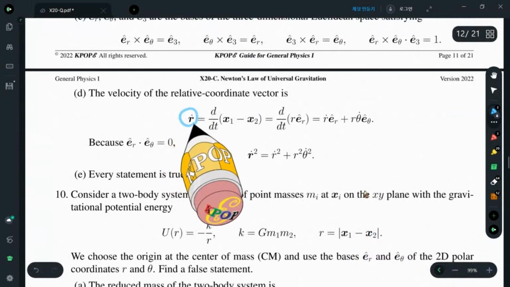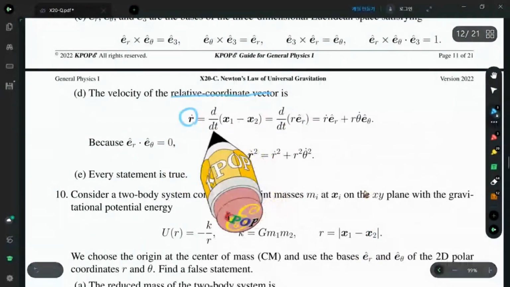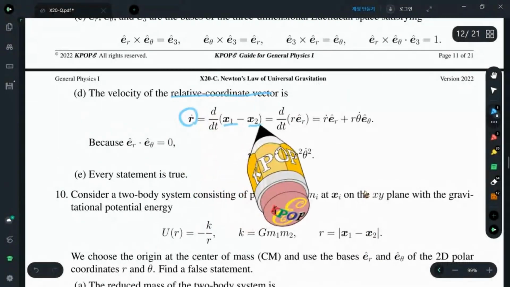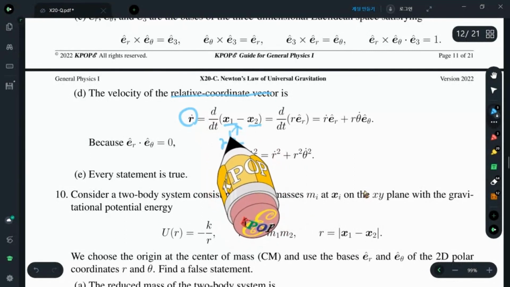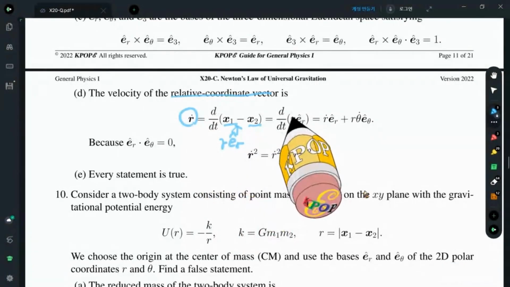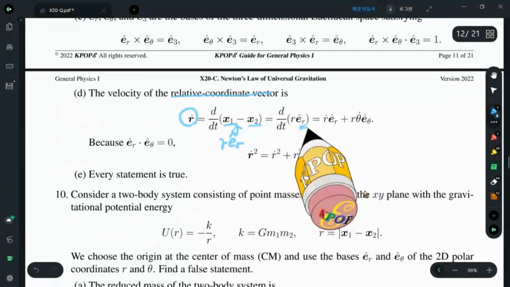The velocity of the relative coordinate vector r is just the time derivative of the difference of the position vectors. We remember this is r and e_r. We take the derivative, then the derivative of the radius and the derivative of the unit radial vector.